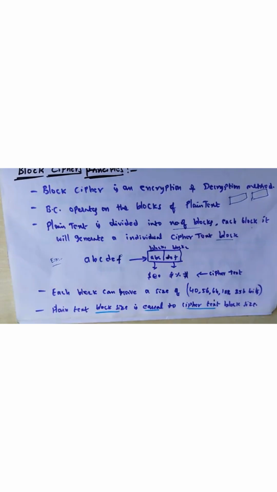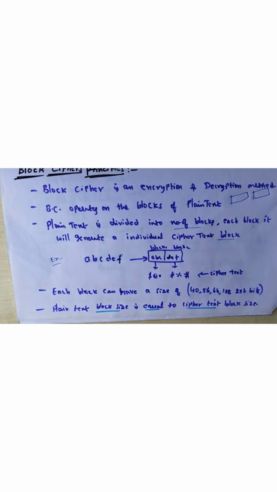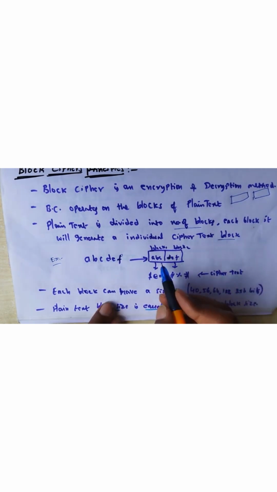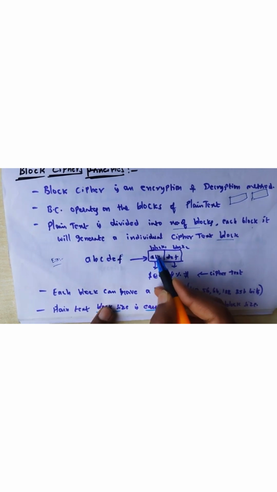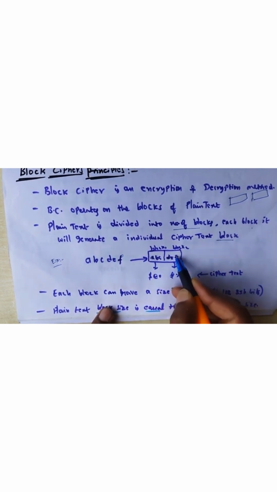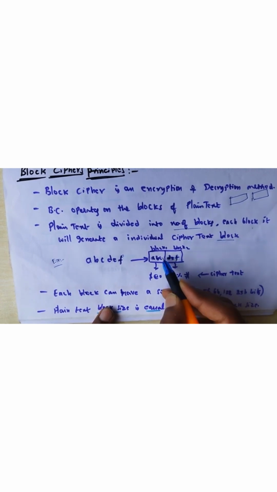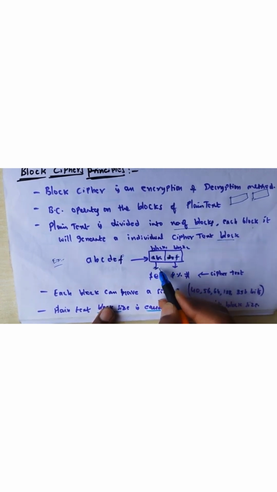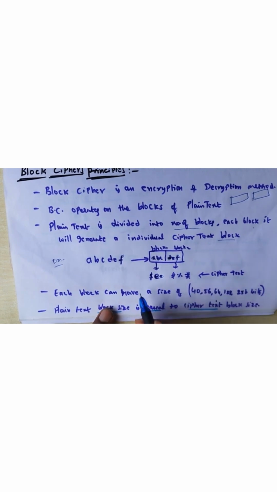In a block cipher, every plain text block will be encrypted as a secure message. Here ABC is the first plain text block, and DEF is the second plain text block. ABC will be encrypted like $@0, which is the cipher text message.